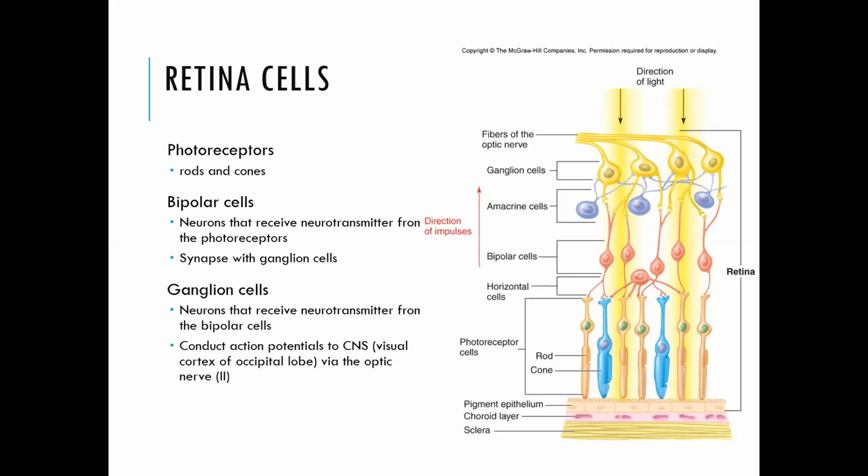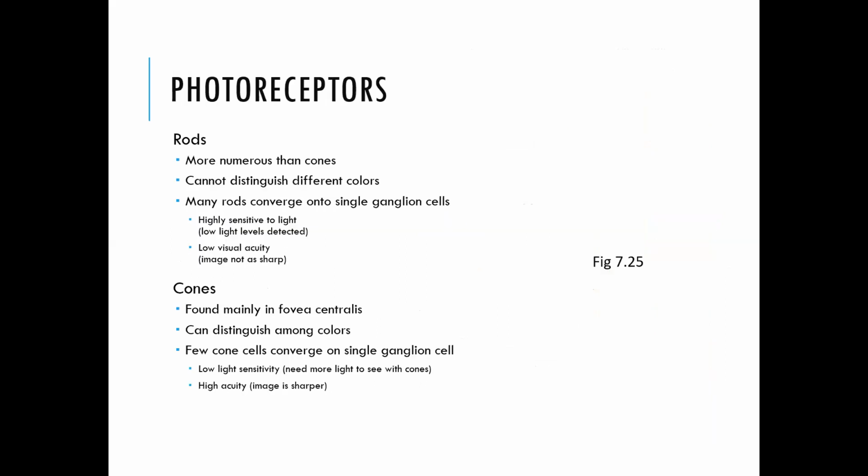They help to conduct action potentials directly to the central nervous system. So light is directed onto the photoreceptors, which are your rods and cones. It will then move to the bipolar cells, which will then send a message to the ganglion cells, which will transport it directly into your central nervous system so that you can discern what you're seeing externally.